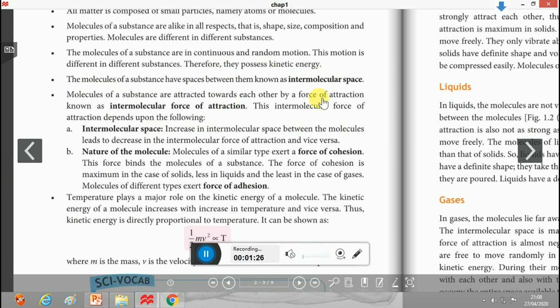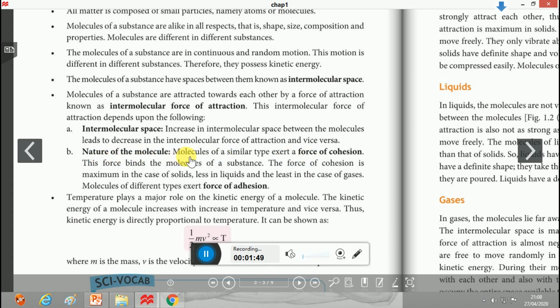The intermolecular space we have also discussed. The molecules of a substance have spaces between them. Molecules of a substance are attracted towards each other and these are known as intermolecular forces of attraction. And these forces of attraction depend on two factors: intermolecular space and nature of molecule. In the first video we have discussed this one.